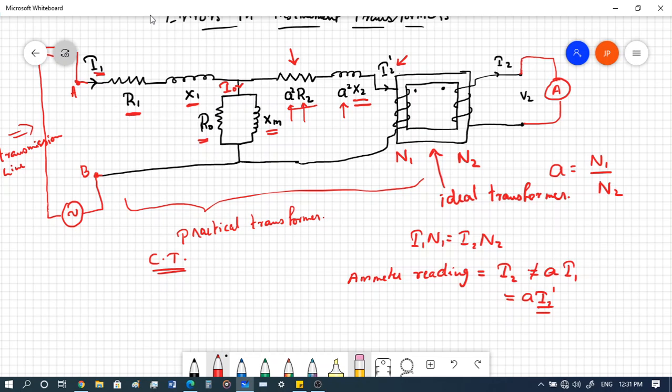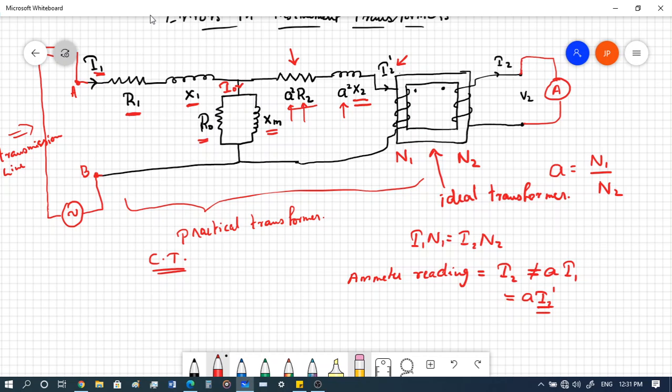It is actually A into I2 dash, which is the current coming to the primary side of the ideal transformer, because there is a current going to I0 that is splitting over here. Therefore I1 is not equal to I2 dash, and therefore I2 is not equal to A into I1.